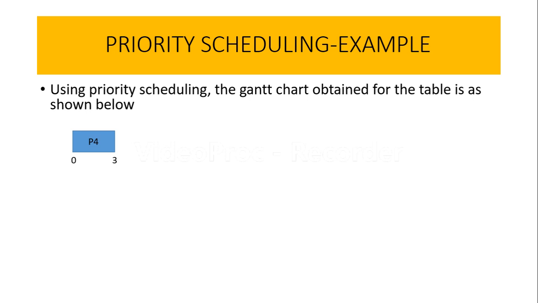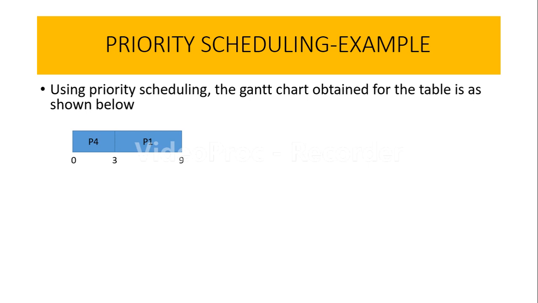Afterwards, the next priority was given to job P1. After execution of P4, job P1 gets the CPU and starts executing. As we know, the burst time for process P1 was 6. So starting from the 3rd millisecond, P1 is going to execute till the 9th millisecond.